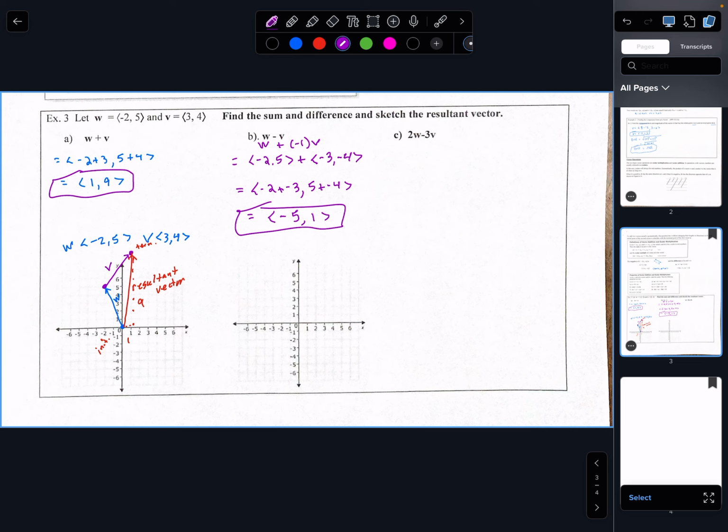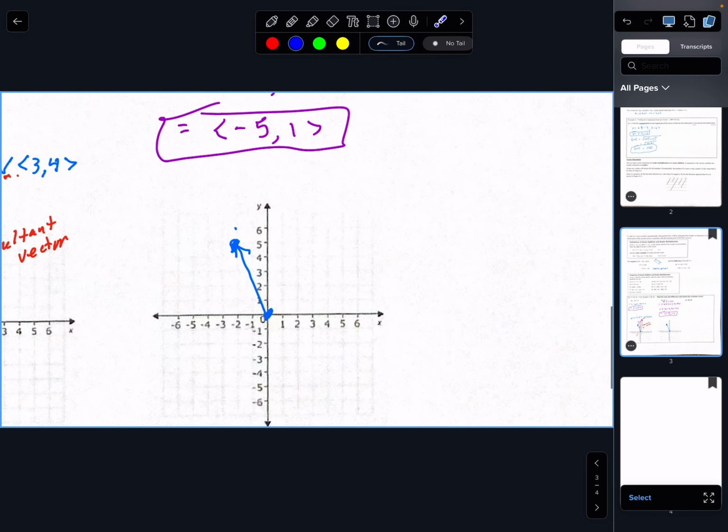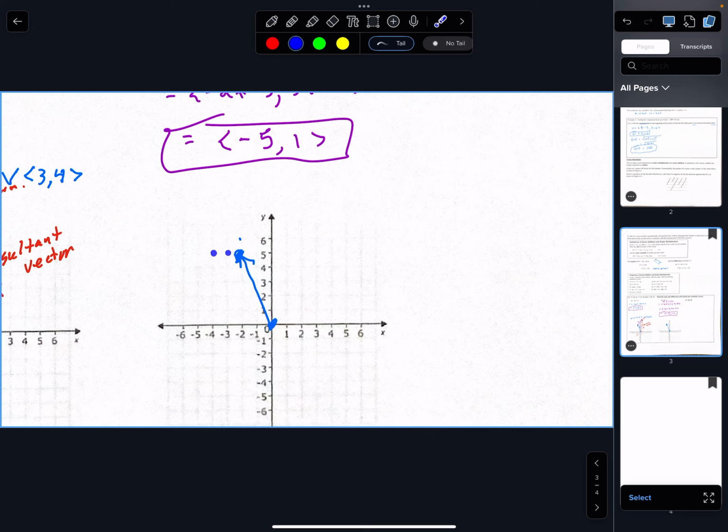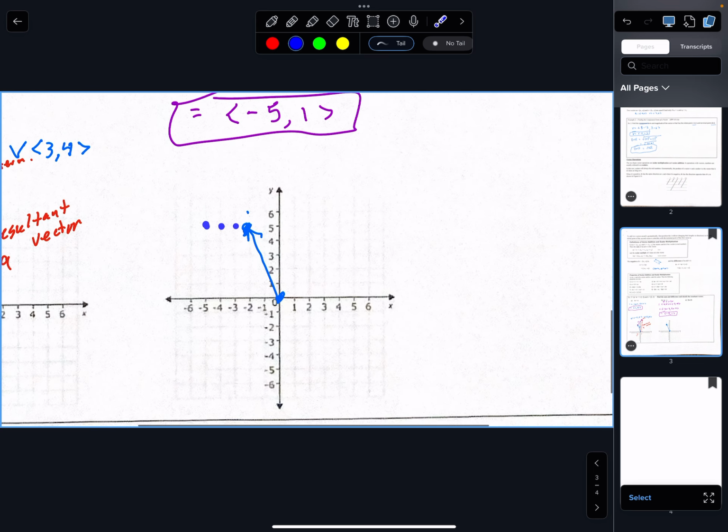Again, I could start at 0, 0 and go to the left 2 and up 1, 2, 3, 4, 5. And there is my first one. But then I want to think about adding the opposite. So from there, I'm going to go to the left 3 and down 4.